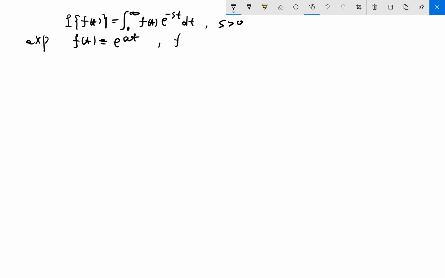What do we want to do? We want to find the Laplace transform of e to the at.